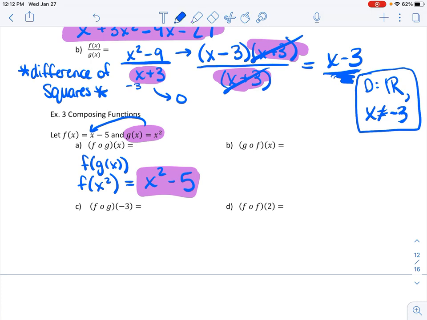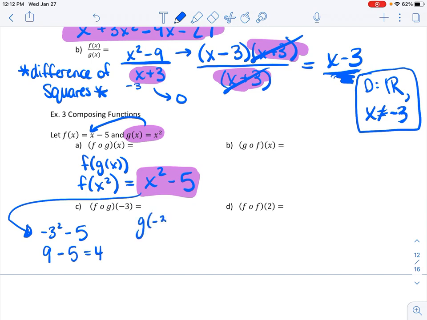If you want to find f of g of -3, one way you can do that is just do what we did before, find f of g of x and then plug -3 in. That is perfectly logical. Totally fine. The way that I think is easier is go ahead and plug -3 into the g of x equation.